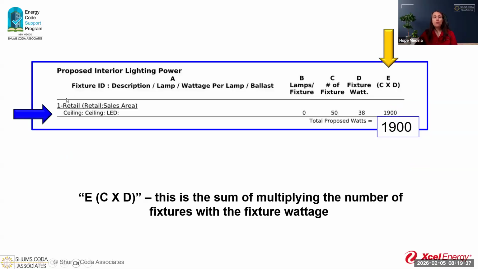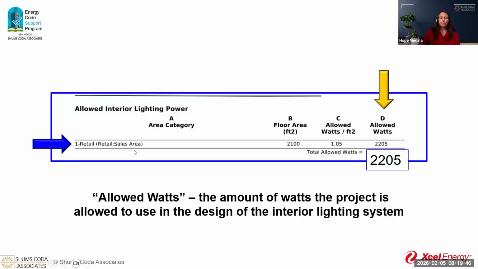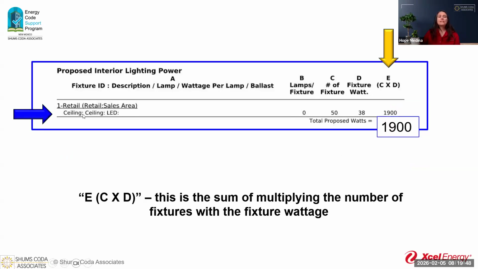In this particular one, it says it's still the retail area because you may be designating multiple areas, right? And in there, we're using our ceiling lighting. It's the ceiling LED. We have 50 of those. The 50 fixtures, for each fixture, it's 38 watts.